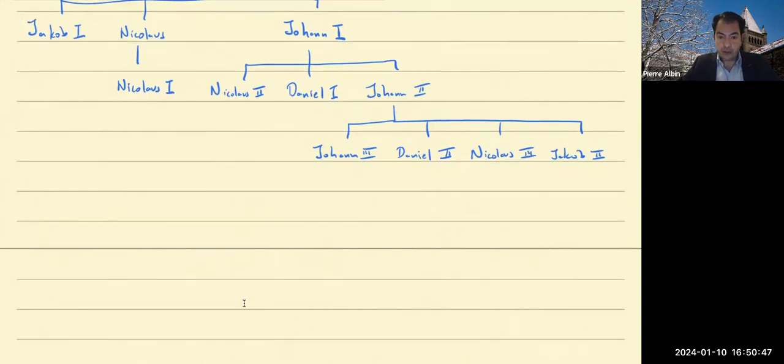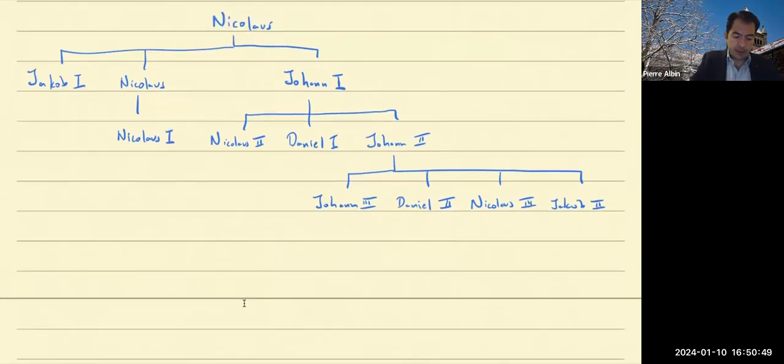So Jakob, who was alive from 1655 to 1705. That makes him basically 10 years younger than Leibniz, so pretty much a contemporary. He studied philosophy and theology at his parents' insistence.